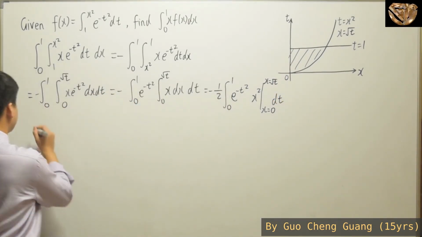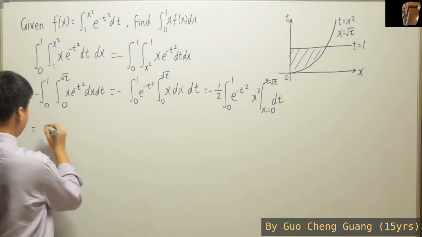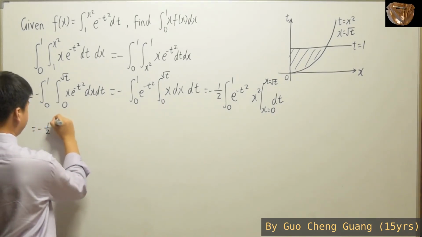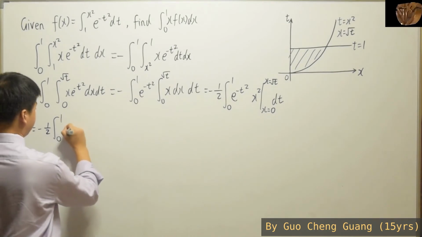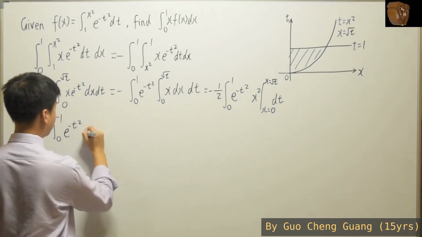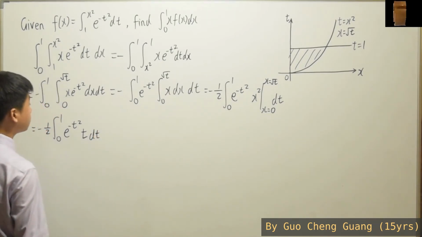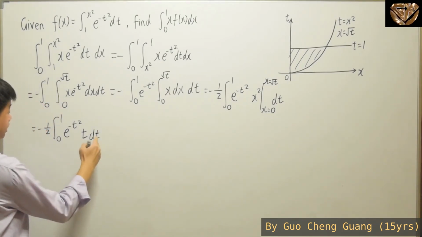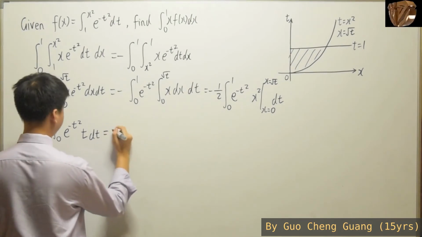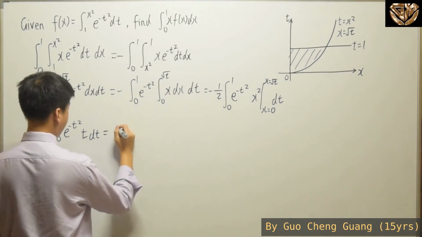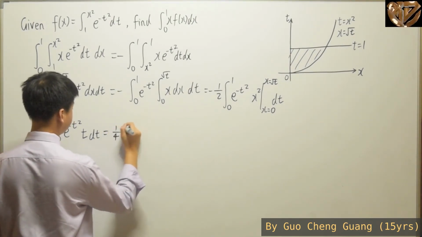Alright, so what we have here is negative half, integral from 0 to 1, e to the power negative t squared, t dt. Now we will put the t inside the dt, so we will have 1 over 4.